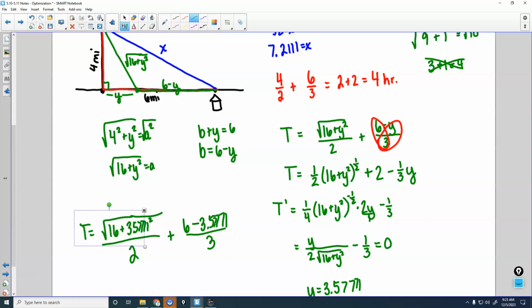Let's see if this looks right. All right, I got 3.49071 hours. So that's the answer, but 3.49.